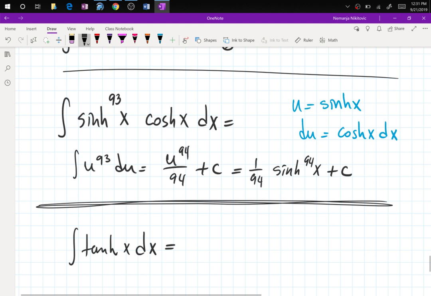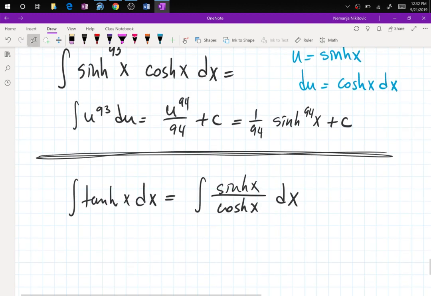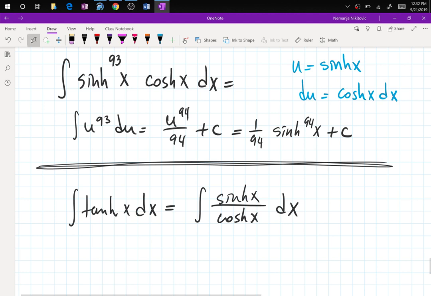Tangent is not a basic integral, right? So how do we solve this one? Rewrite it as sine hyperbolic x over cosine hyperbolic x. We're not going to change it to e. We can use u sub from there with the sines and cosine. So the first step is to change this to sine hyperbolic x over cosine hyperbolic x dx, and then use the u sub right there.